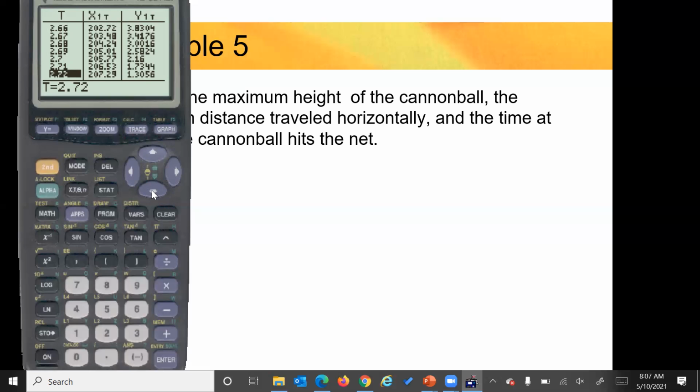Is it because I'm zoomed in and it only shows me the points on my graph? No, these are changing way too fast, so go back to table set. Starting off at that, set it to auto. There it is. Thank you.